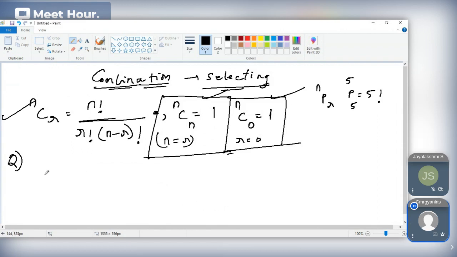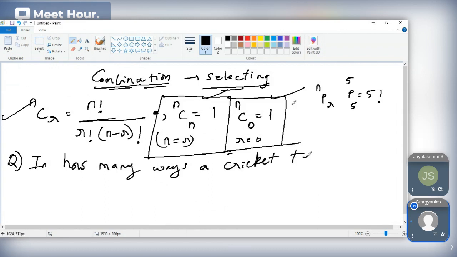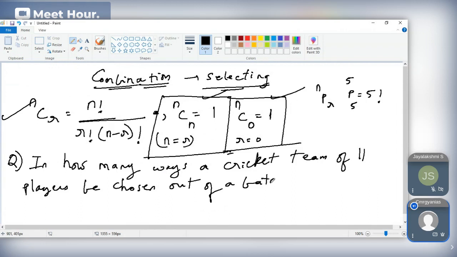In how many ways can a cricket team of 11 players be chosen out of a batch of 15 players?